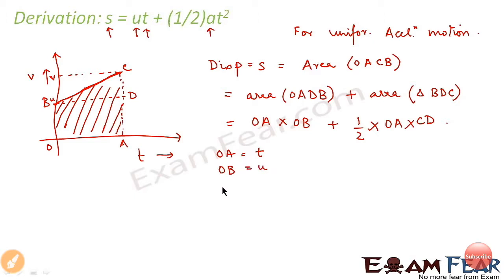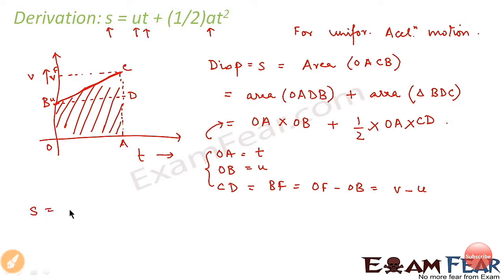Similarly, what is CD? Let us call this point F. So CD is equal to BF. And what is BF? BF is equal to OF minus OB. Now, OF is V and OB is U. Now we will put all these three values in this expression.